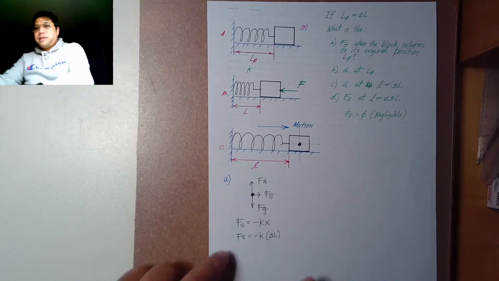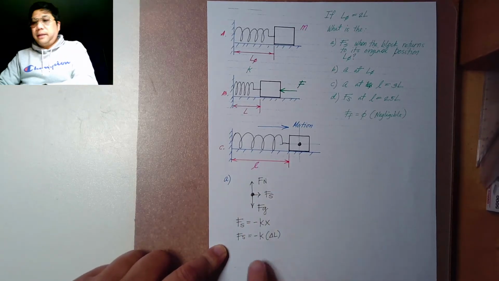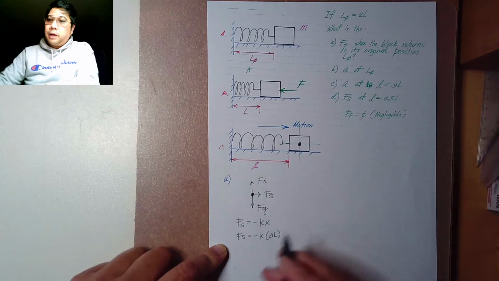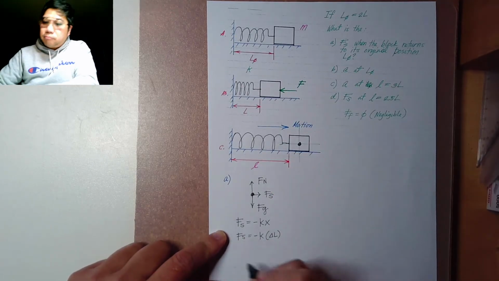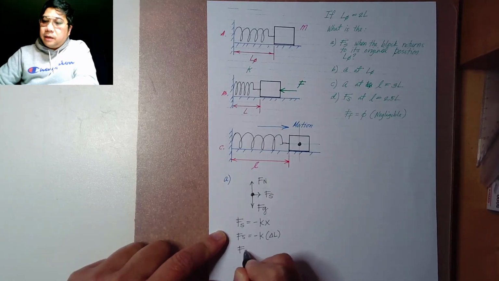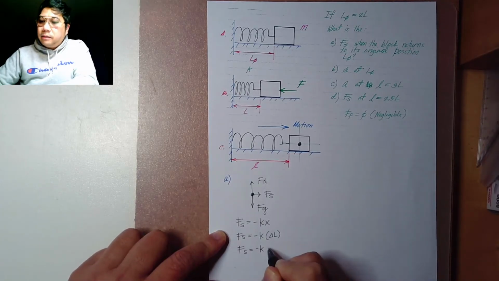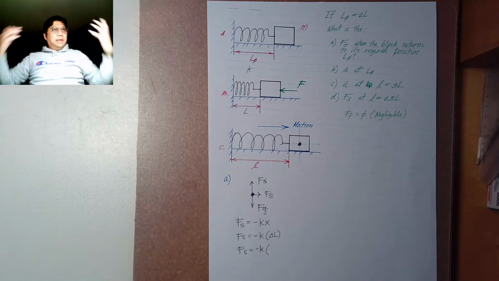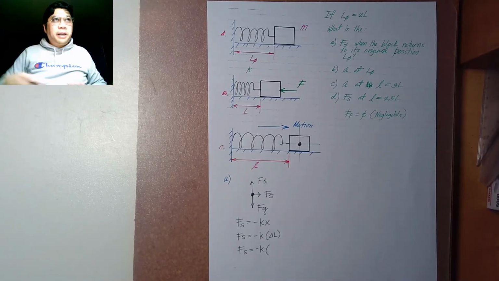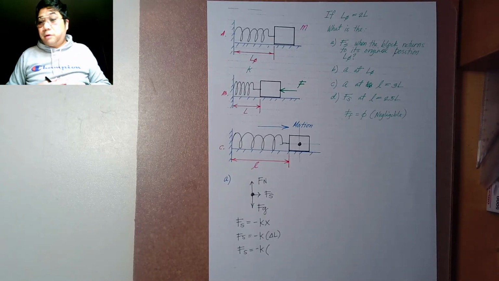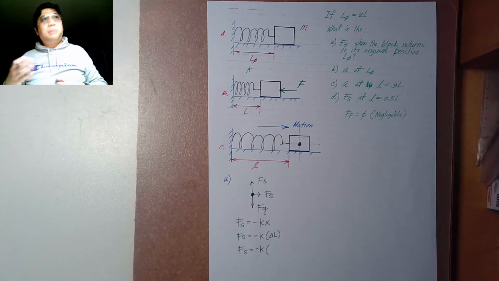We have positive to the right. Now we know our k, which is given as k. Now let's analyze our L. Negative times negative will be positive.